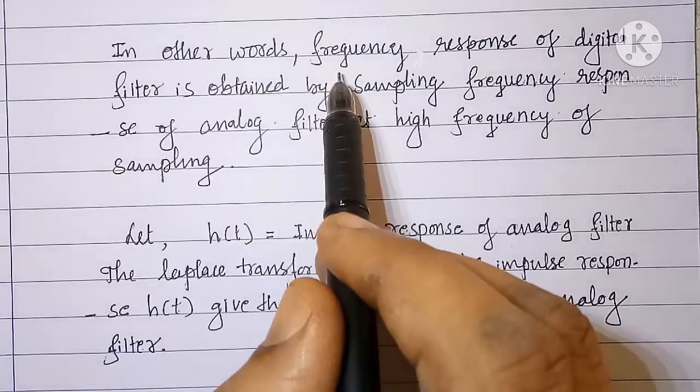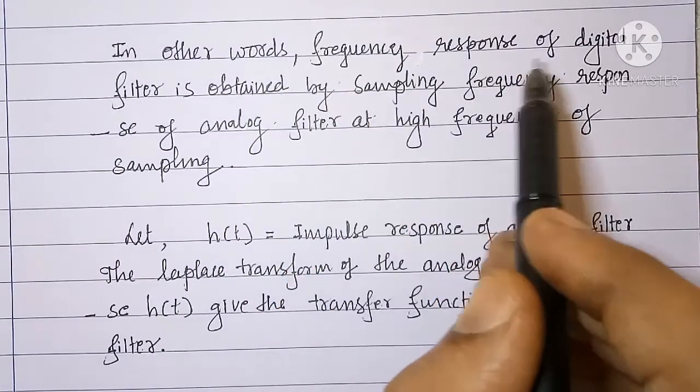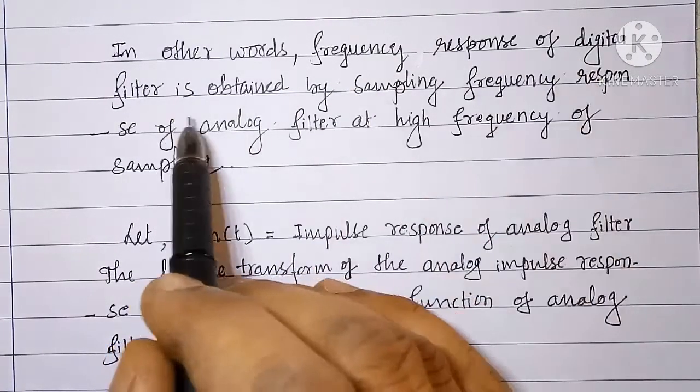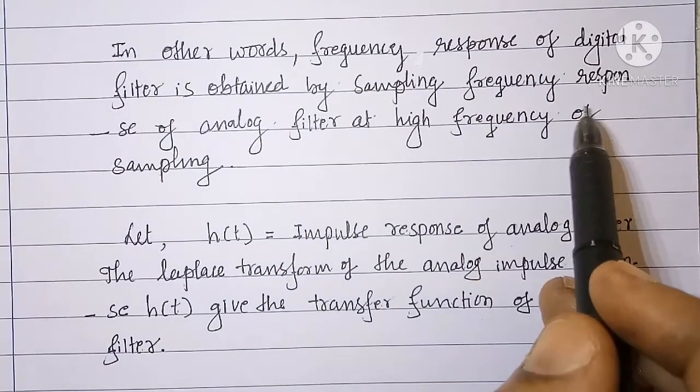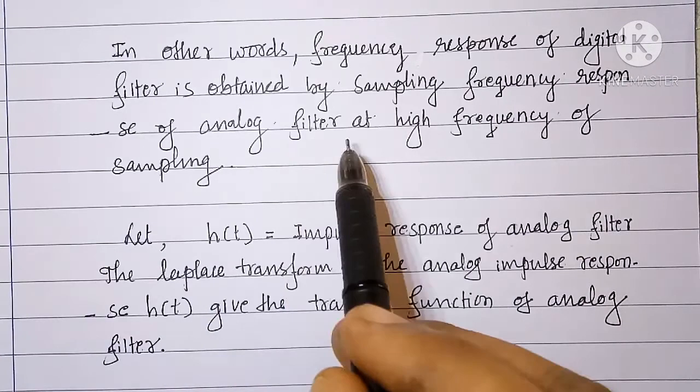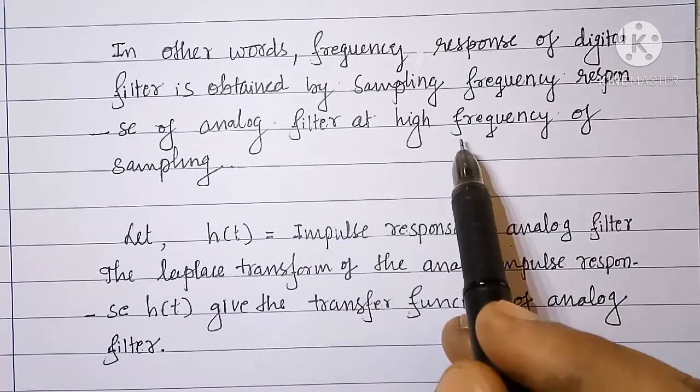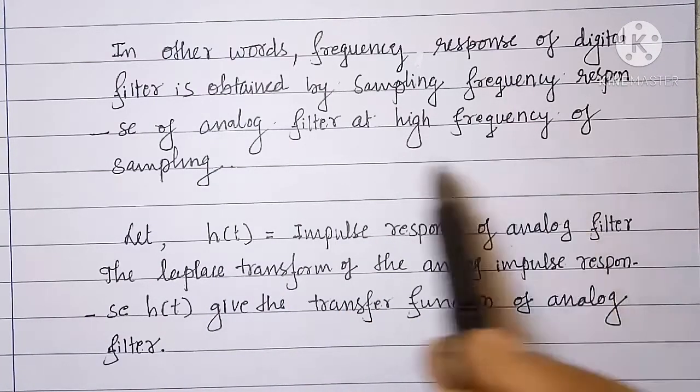In other words, frequency response of digital filter is obtained by sampling frequency response of analog filter at high frequency of sampling.